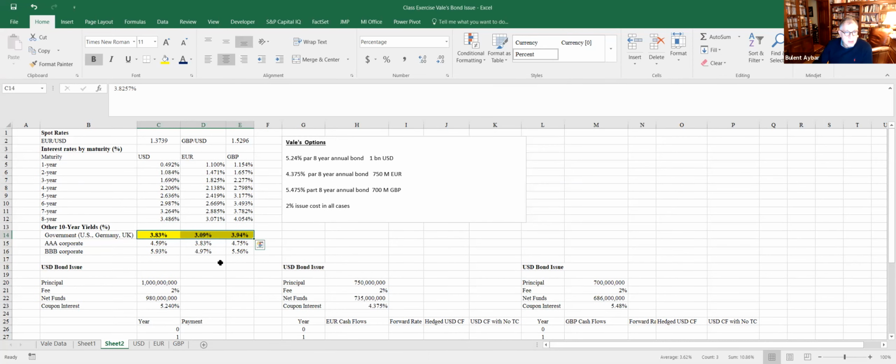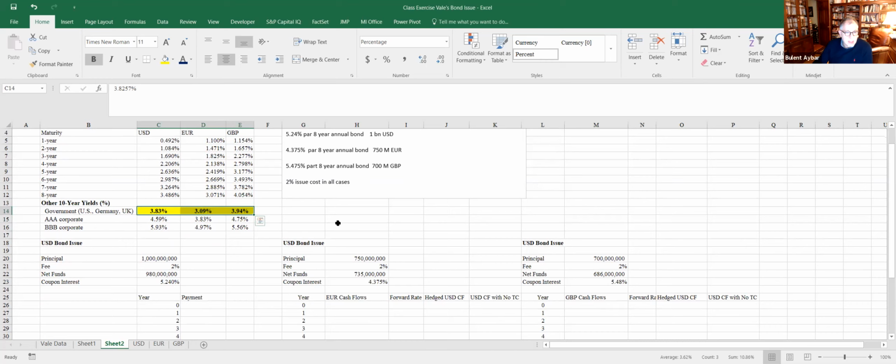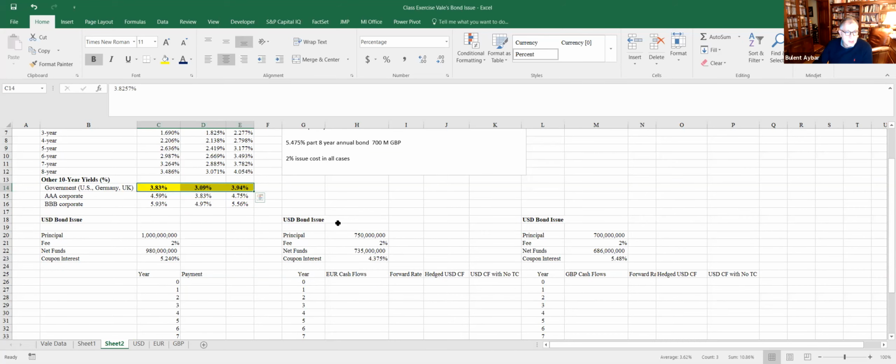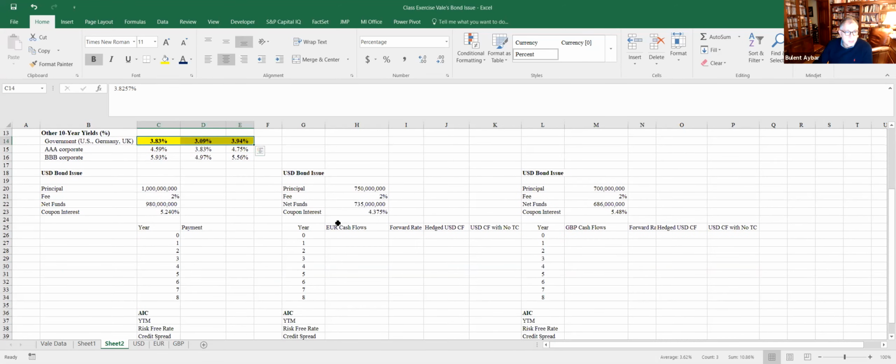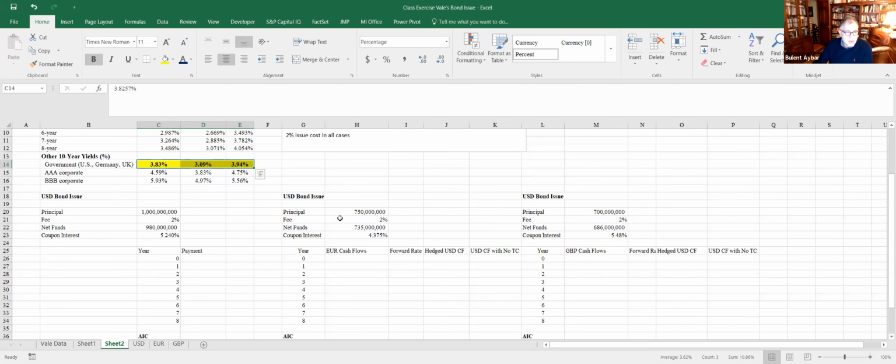So let's figure out which one of these bond issues would be more advantageous and make a decision about it. So the task requires us to calculate the US dollar cost of each of these issues, the all-in US dollar cost in all of these 3 issues.